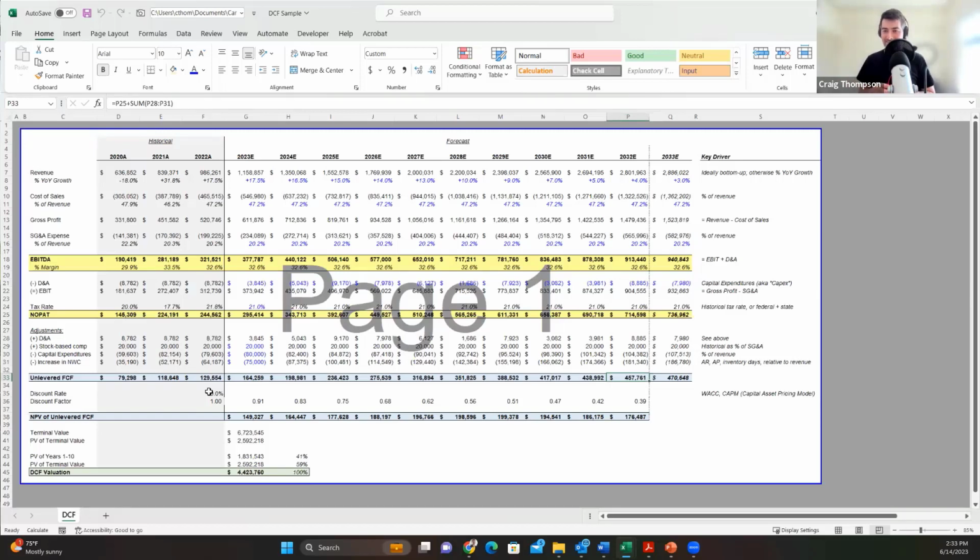And it's a divergent series, and the value of that business is infinity, basically. So your DCF will break if the final terminal growth rate of your business isn't lower than the discount rate.